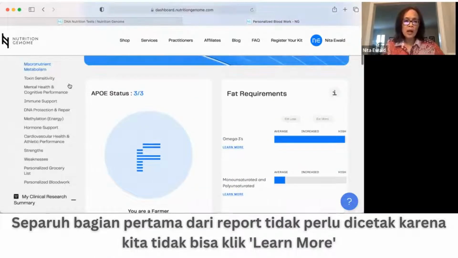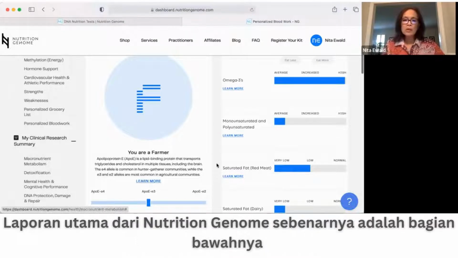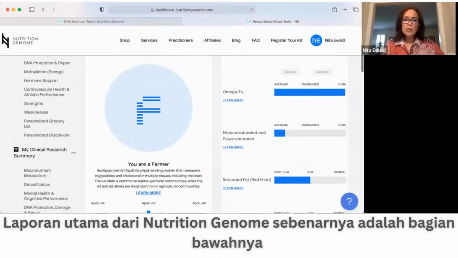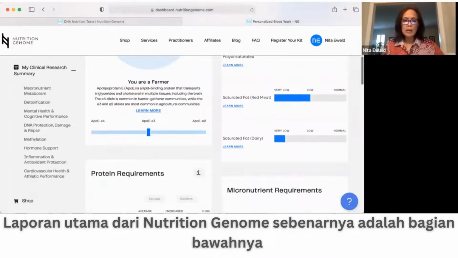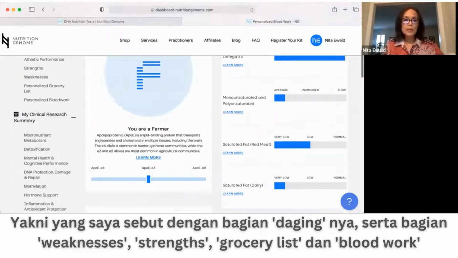The first half of the report is not worth printing out because, like I said, you're not able to click on the learn more. So the original report of Nutrition Genome is actually the bottom portion, what I call the meat of the report, plus the strengths, the weaknesses, the grocery list, and the blood work.